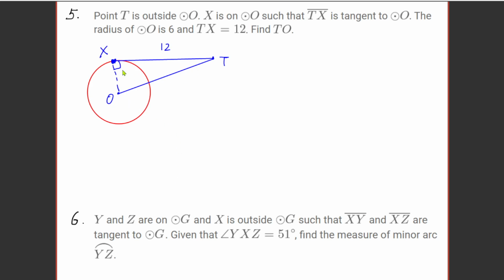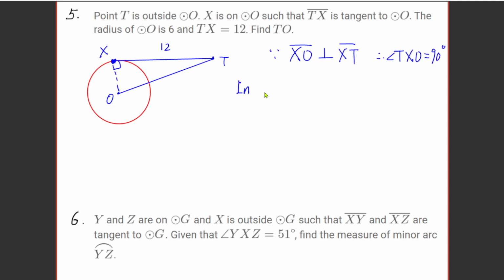So for OT, you can consider right triangle XOT. So we can say because XO is perpendicular to XT, then we know angle TXO equals 90 degrees.